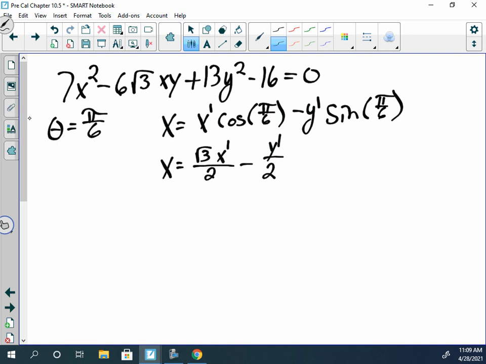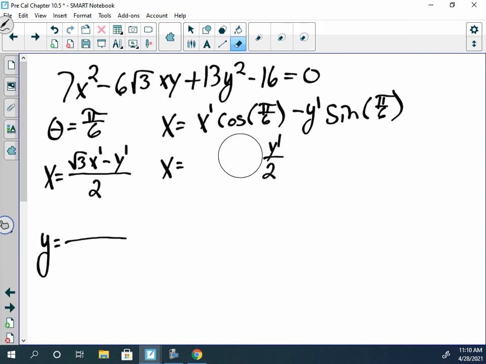I have trouble keeping it straight, because I know pi over 3 and pi over 6 give square root 3 over 2 and 1/2 as our two values. So here we have square root 3 x prime minus y prime, all over 2.